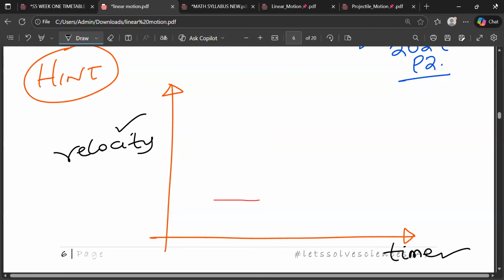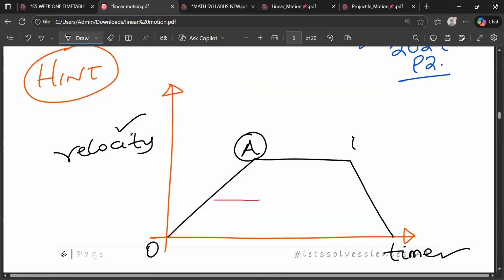I don't know how yours will look, but whatever you draw for me, by well-labeled, I want you to talk about point O, talk about OA, talk about point A, talk about AB, talk about point B, talk about BC, talk about point C, like that. That's what I mean.